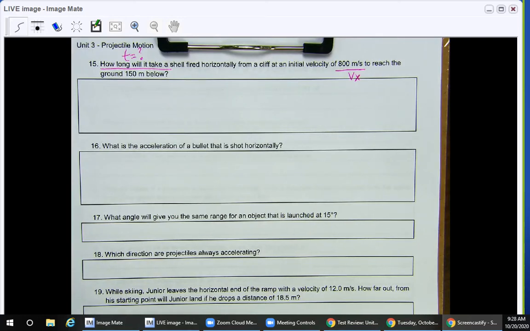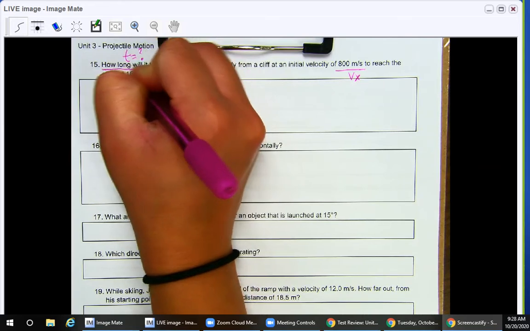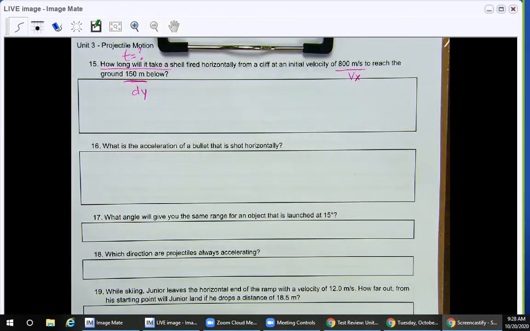And we want to know how long it's going to reach the ground, 150 meters below it. So that's our dy. Technically, this is only a one-step problem. You only need time, and you can find time just with dy. You don't need anything else.